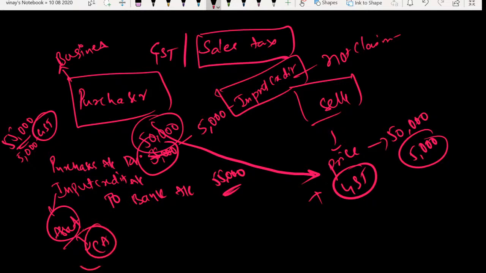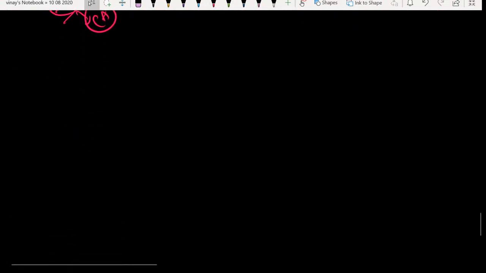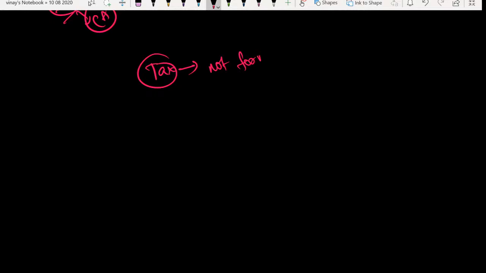Before that, I'm explaining that the cost of purchases or cost of machinery will include any sales tax or goods tax which is, remember carefully, not refundable.